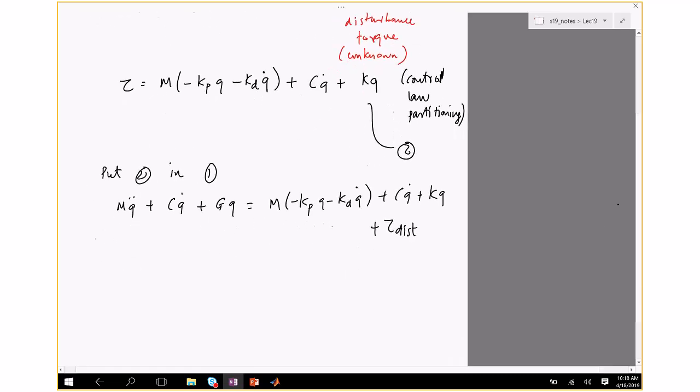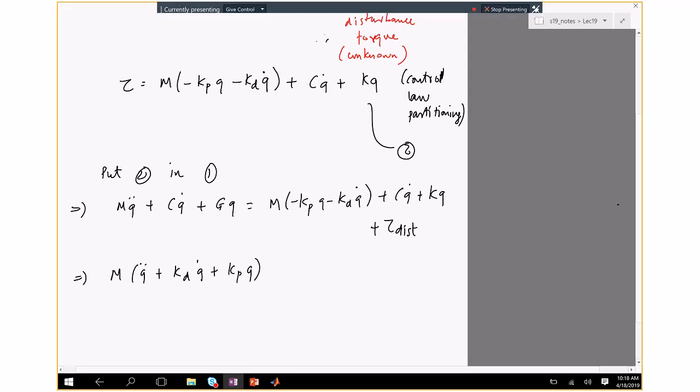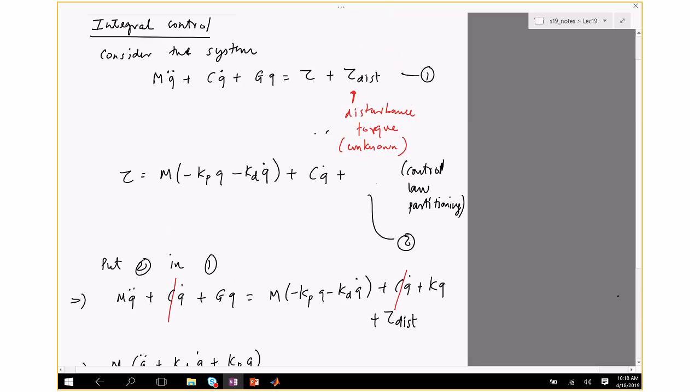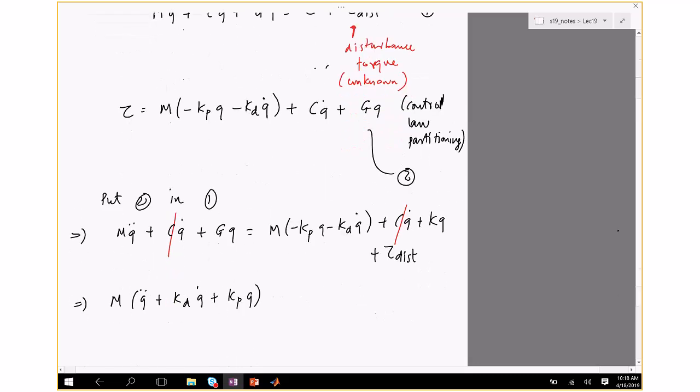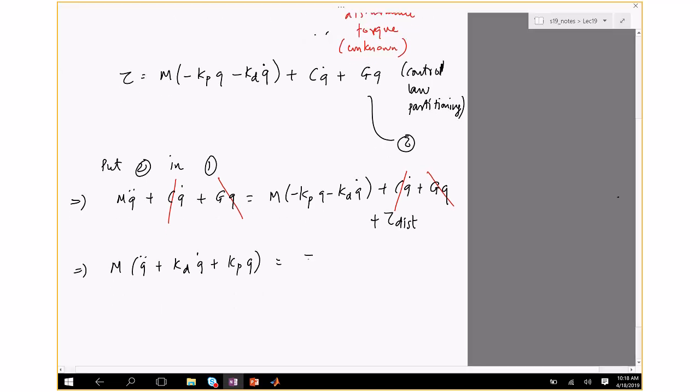If I move things around, I get M q double dot plus KD q dot plus KP q. So I can cancel this with this. This should be G q, my bad. So I can cancel the G q on both sides, and I'm left with this equals tau disturbance.